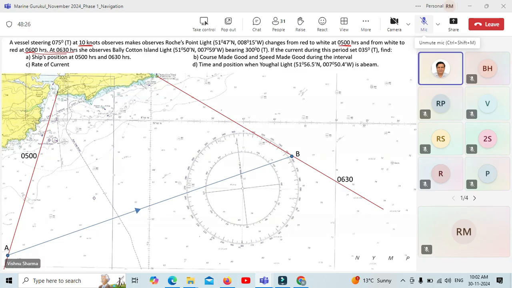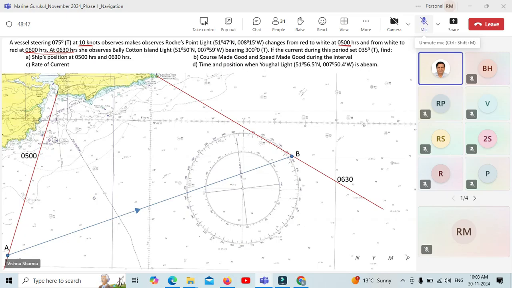Now think and repeat to yourself how you'll get point C. C will be marked from A at an engine distance for the interval between the first and the second PL, which in this case was 1 hour.